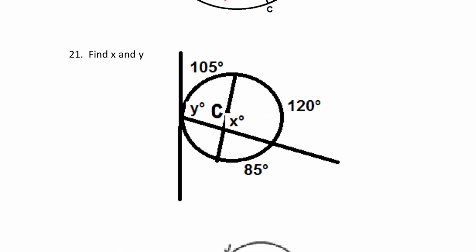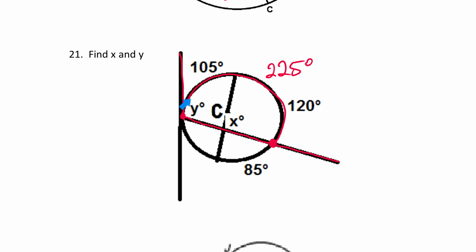Okay. So on this one, from here to here is how many total degrees? It's 225 if you add those two up. And y is actually talking about this whole angle right here.